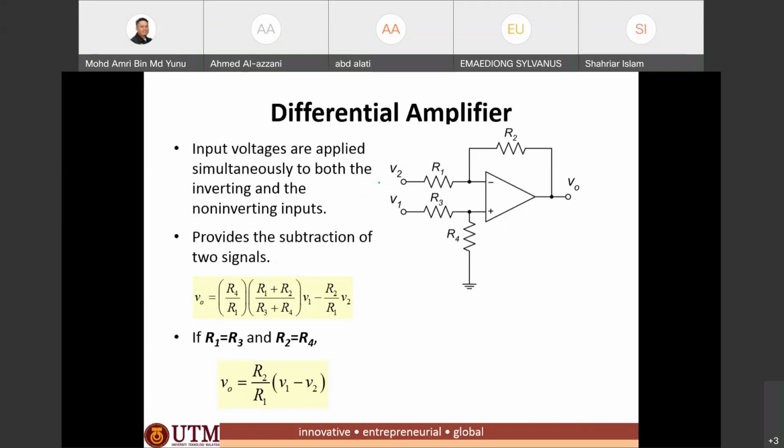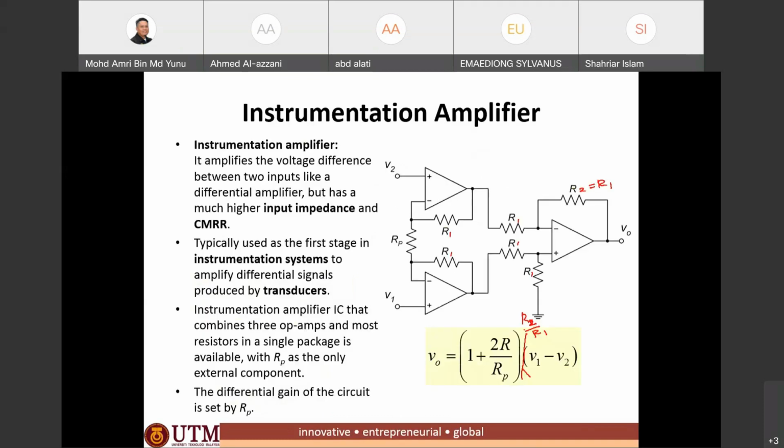You can use a differential amplifier to amplify the signal. So the differential amplifier is one option, but there is a dedicated differential amplifier called the instrumentation amplifier. It is basically a next level differential amplifier.